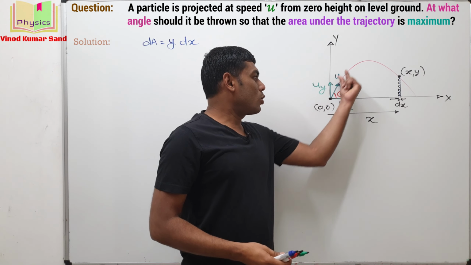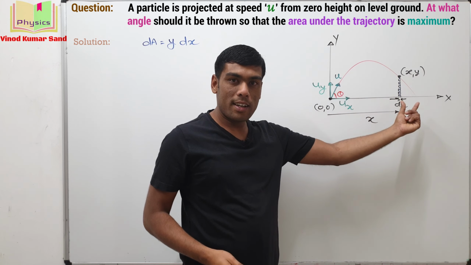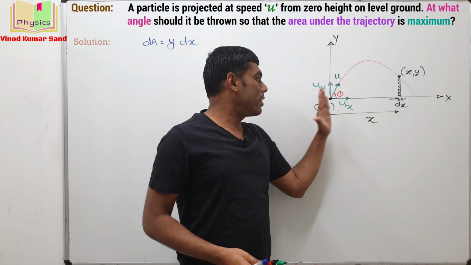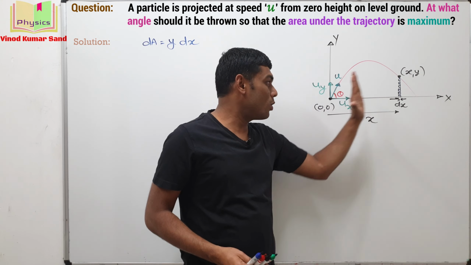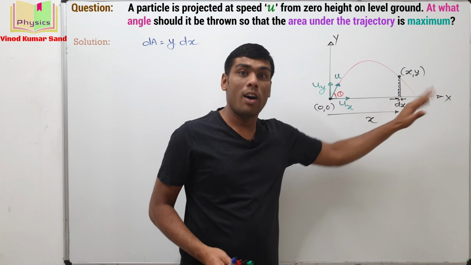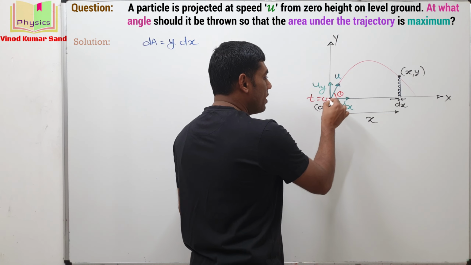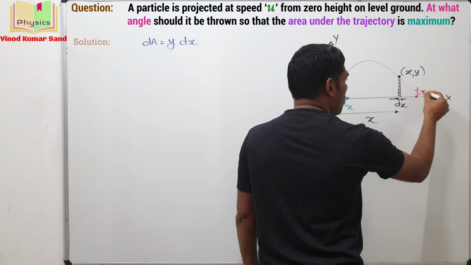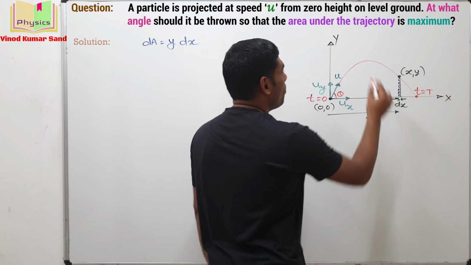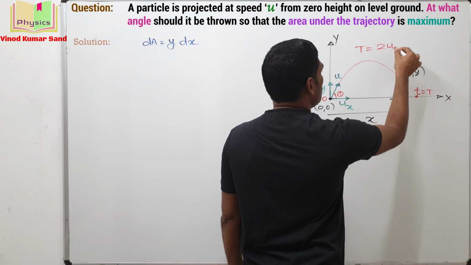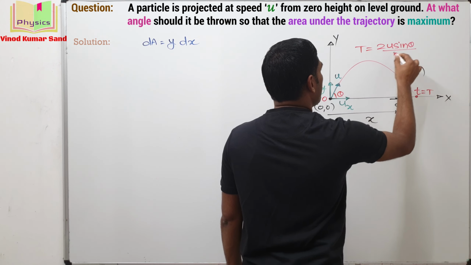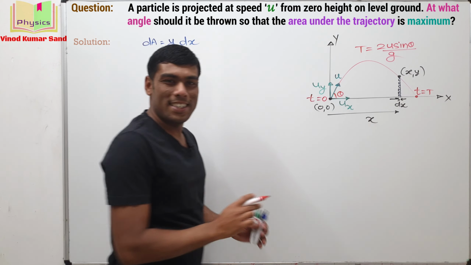To obtain the total area under the curve, we will integrate it from x equal to 0 to x equal to R, or if we are integrating in terms of time, then from t equal to 0 to t equal to capital T, where capital T is what? 2u sin theta by g, the time of flight.